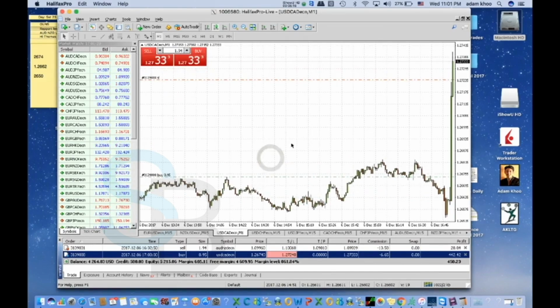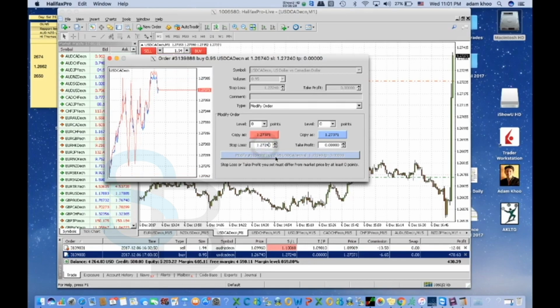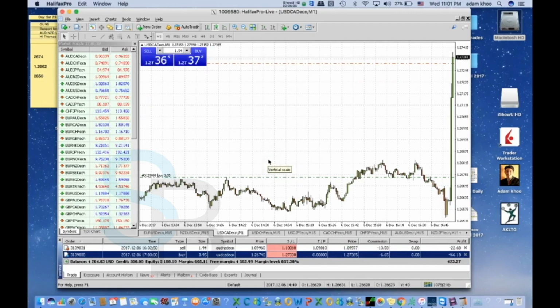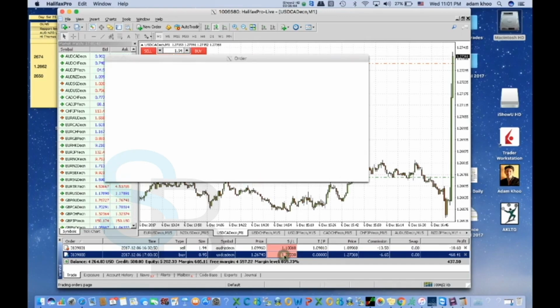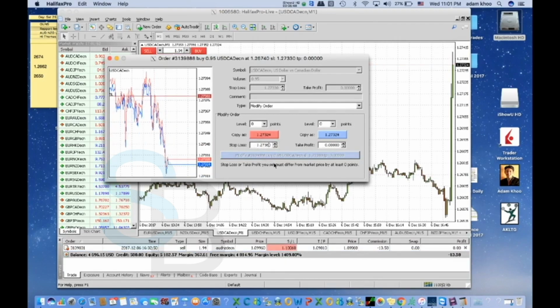Here we go. Well, it's still running. 1.2733. I'm going to raise my stop loss to 1.2733. It's still running. I'm basically raising my stop loss to wherever the current market price is, 1.2738. I'm going to raise it to 1.2738 to catch as much as I can.